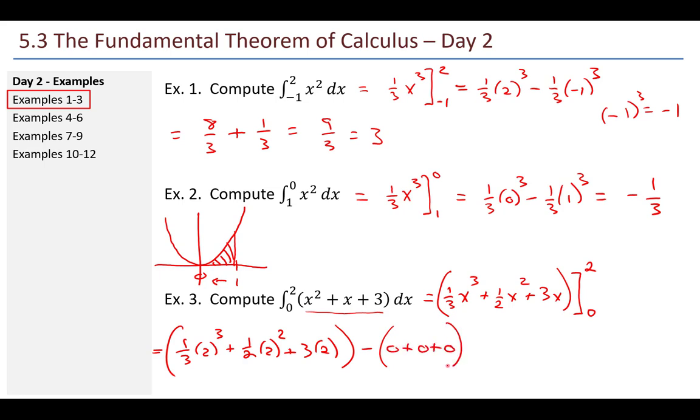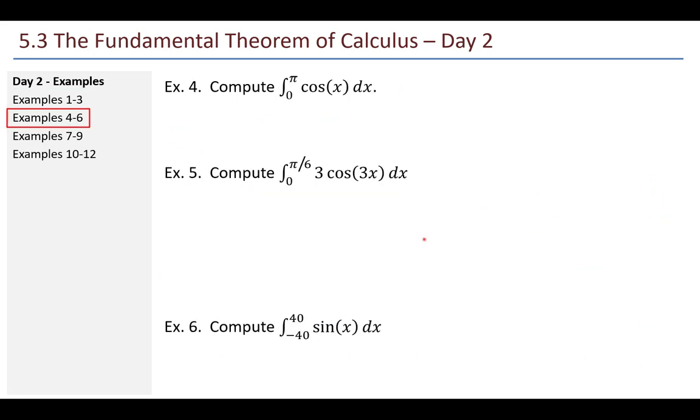And then we can evaluate. That equals 8/3 plus 4/2 plus 6, and for what it's worth, I think you get 32/3 at the end of that, so 10 2/3.